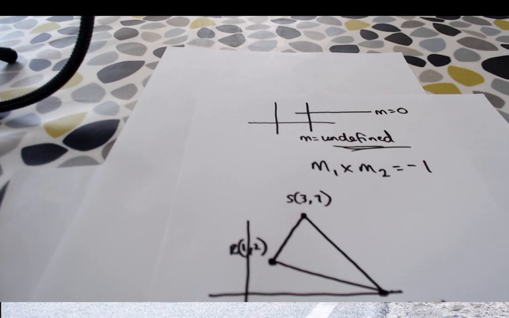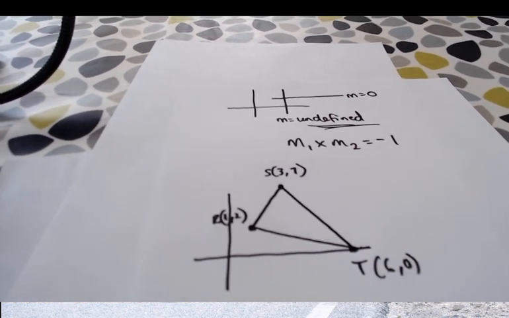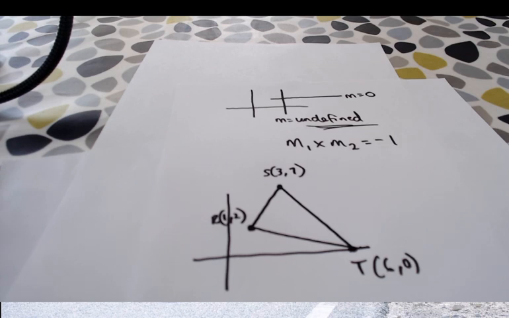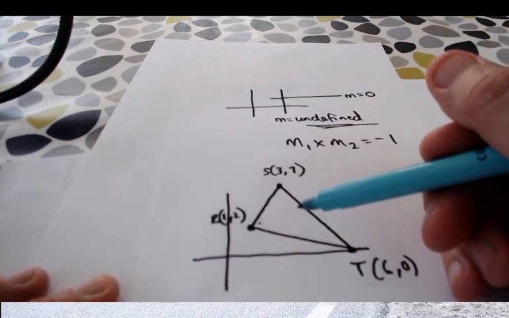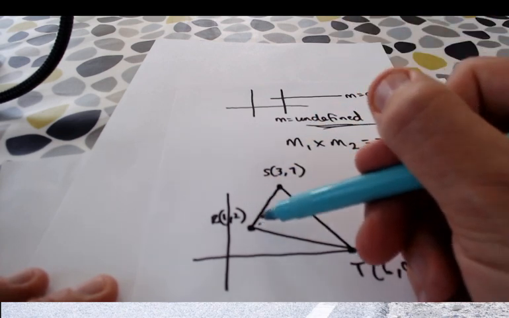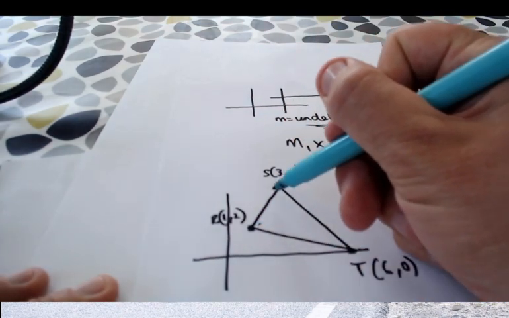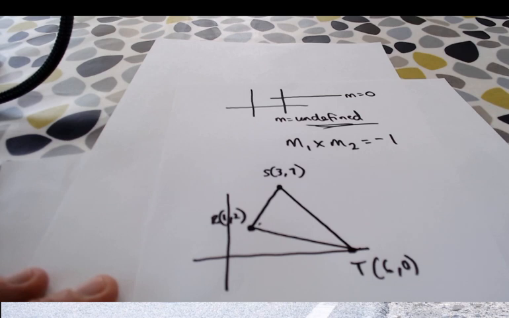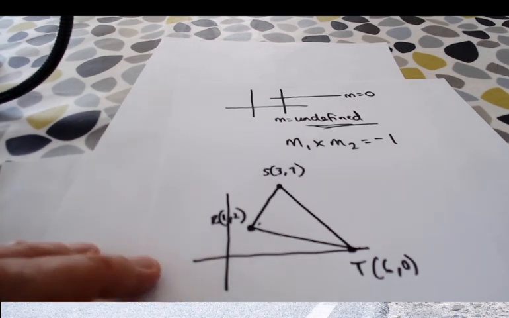Now by looking at this, you might already have a good guess at which angle might be the one that's right angled. But as I haven't drawn this to scale, it might be wrong. But you might be looking at this thinking, that one looks right angled. So we're going to check to see if this is right angled. If it's right angled, then that line and that line are going to be perpendicular to each other. So what we need to do is work out the gradients of those two lines.